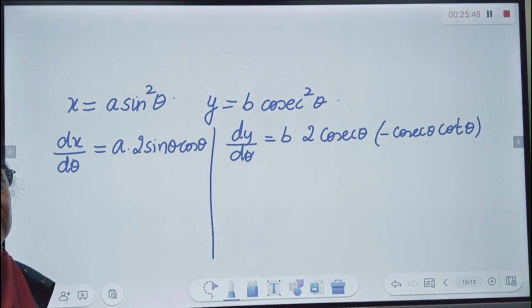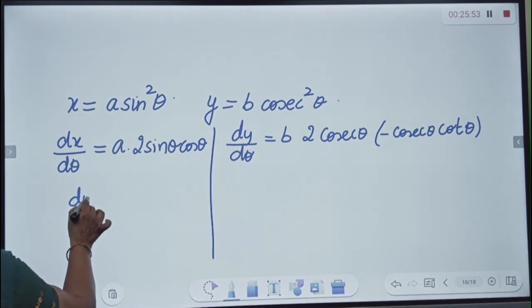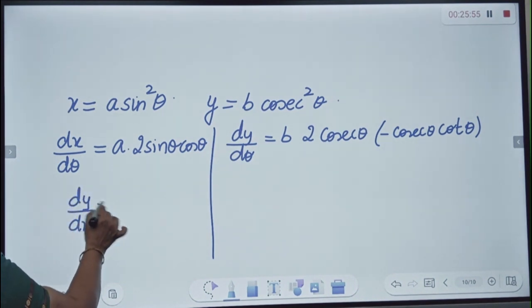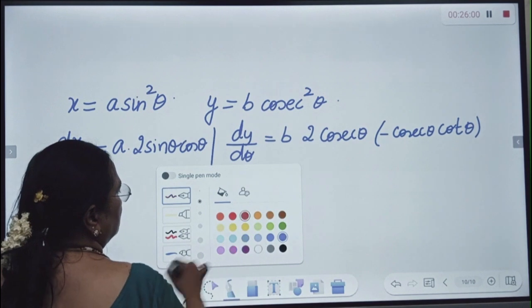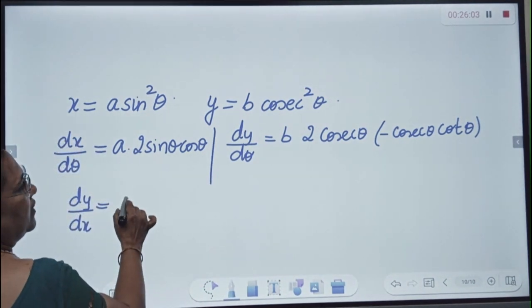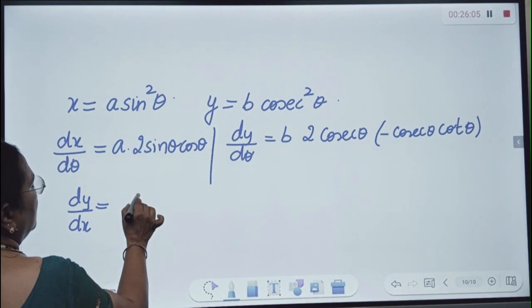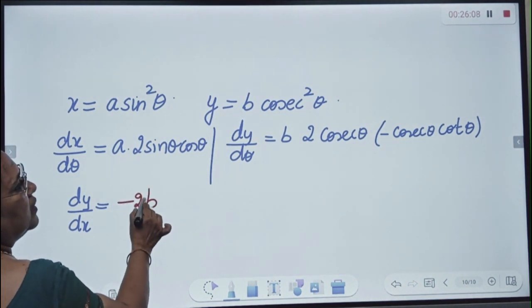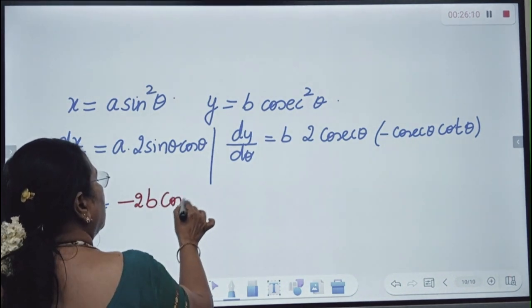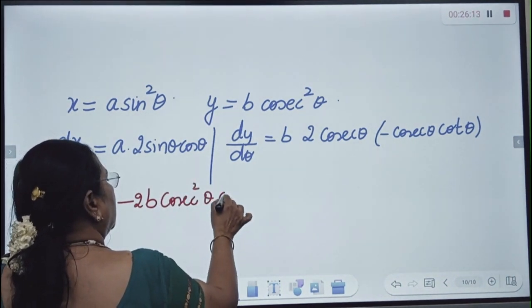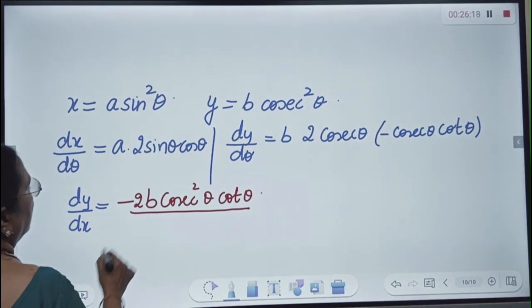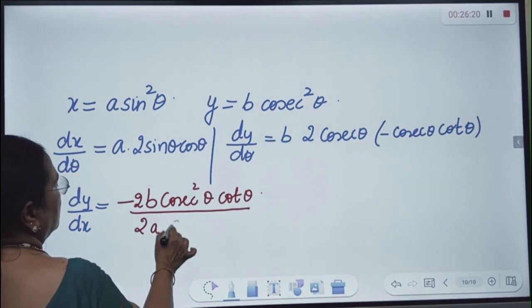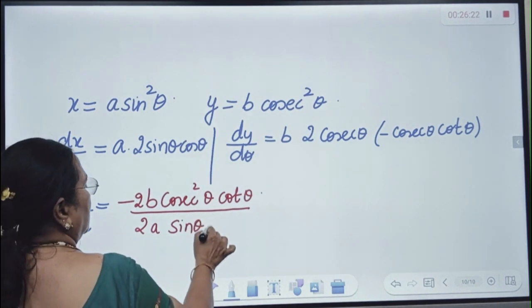The derivative of cosecant theta is minus cosecant theta cot theta. Okay, so dy by dx will be equal to dy by d theta, which is minus 2b cosecant square theta cot theta, divided by dx by d theta, 2a into sin theta cos theta.